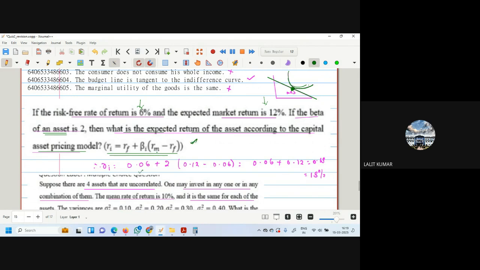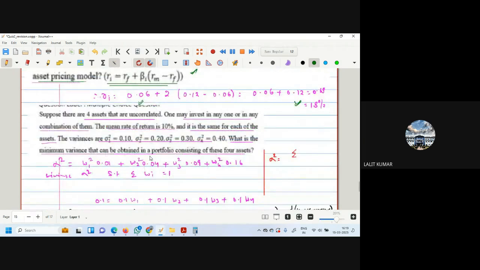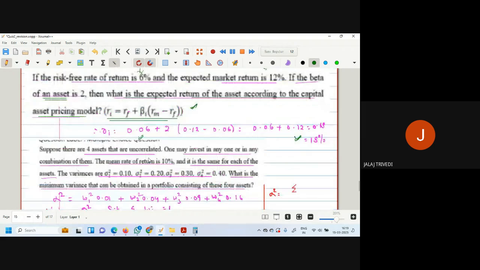Straight away you put the values and you get the answer. So we'll get this formula in the paper itself; they have given it in the PYQ. Otherwise, the formula is Ri = Rf + W × (Rm − Rf), so this beta is nothing but the W here.